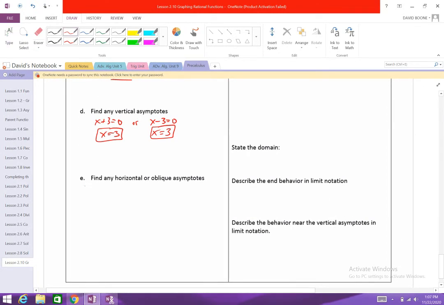If we look back to our original function, f of x equals x to the third over x squared minus 9, we notice that the numerator degree is higher than the denominator. So there are no horizontal asymptotes, but there is an oblique or slant asymptote.